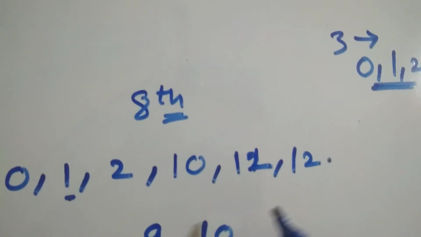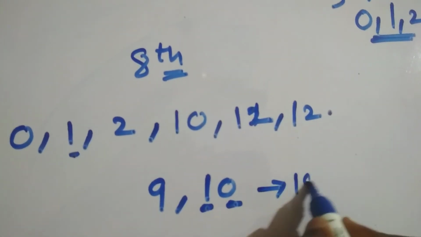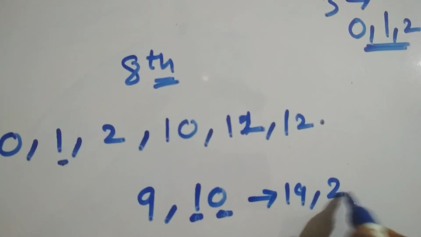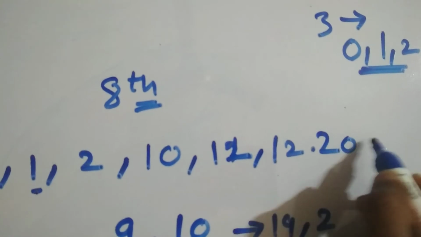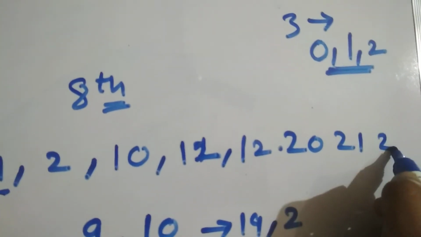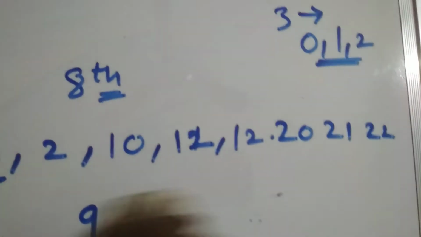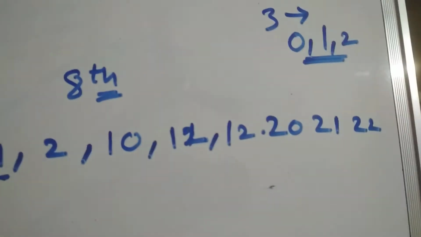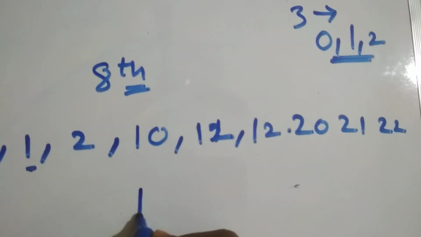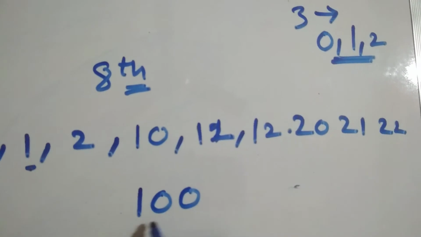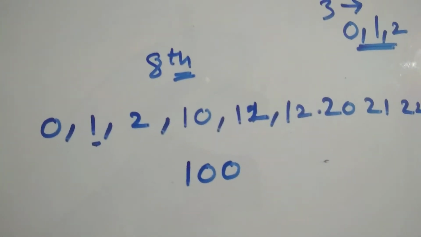So 3 numbers are finished. Then go for 2, with 2, 0, 2, 1 and 2, 2. Now all our 3 digits have been finished. 2, 2 has been completed. So after 2, 2, what will go? Go back to 1 and extend to 3 digits. As you can see, this is how you write in base 3 or base n.